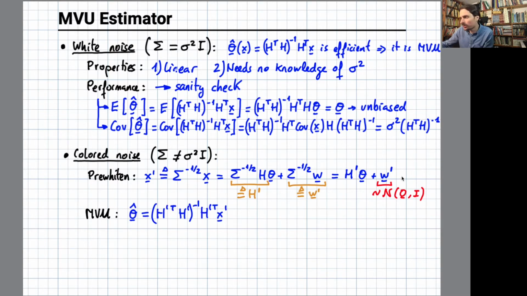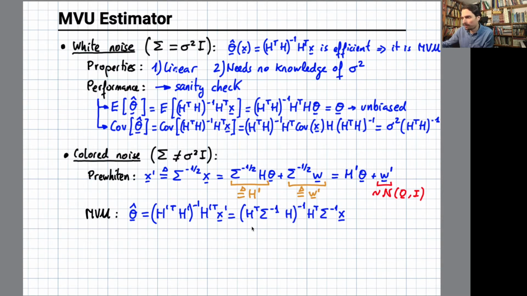Since we know how to obtain the MVU for the case where the noise is white, we can just apply this expression here on this transformed model, and the estimator for theta will therefore become this one here. So we have just replaced this h with h prime, and this x with x prime.